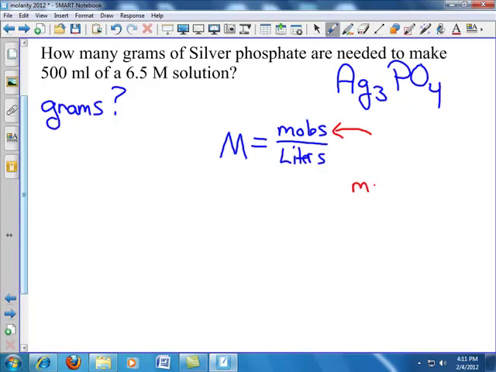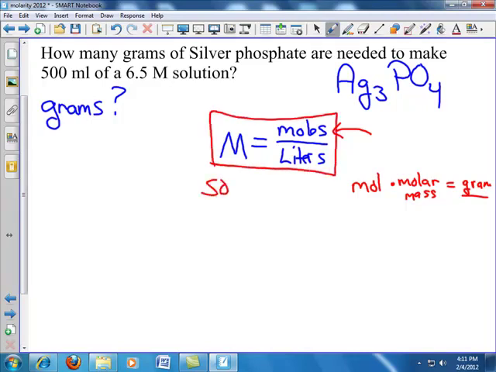And so one of the things that we know is if I take moles and I multiply that by the molar mass of something, that gives me grams. So what I'm really looking for is I'm really going to take this equation and I want to solve it for moles. Okay, that's what I want to do.